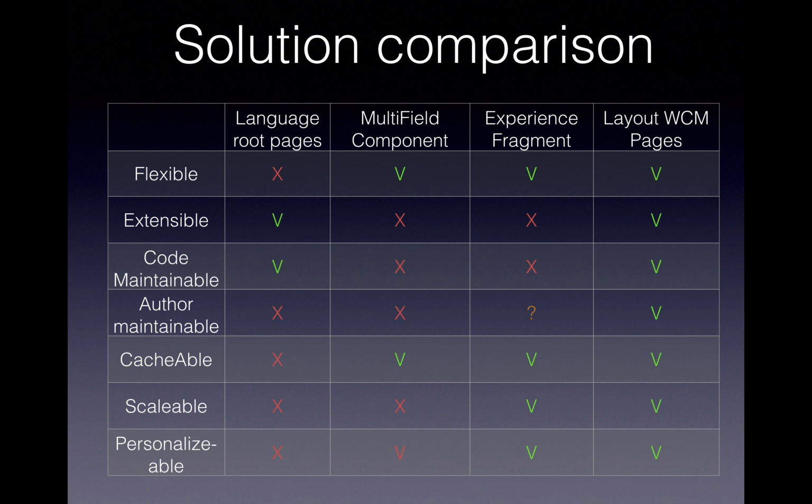I'm not going to go through everything, but I just want to explain what I mean with language root pages. With language root pages, what I mean is that you take the language root page like EN for English, and under there you have your first level pages such as home or about or info, and those pages will then be used to generate the main menu entries in the header.